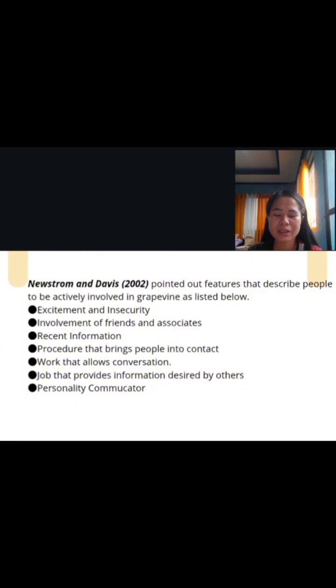The next is recent information. Procedures that brings people into contact. Work that allows conversation. Job that provides information decided by others. For example, kani siya na katong for example secretary ka, di ba?